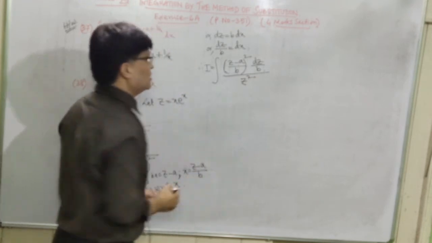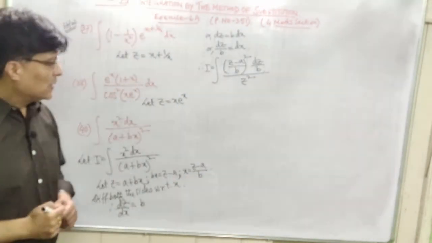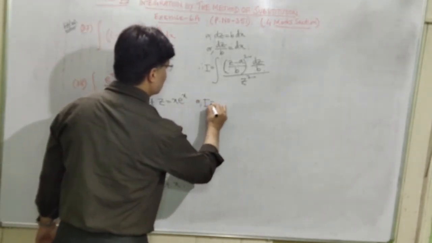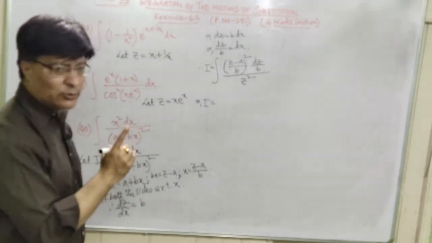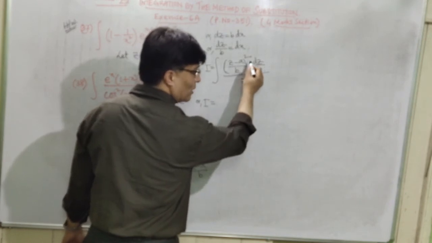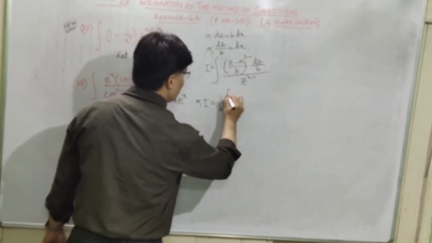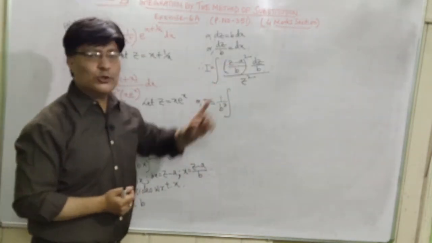So I think you have understood it. Let us simplify it further. Which is constant here that you can take outside? That is 1 upon b whole square. 1 by b square into 1 by b, that is 1 by b cube, integration of, what is z minus a whole square?